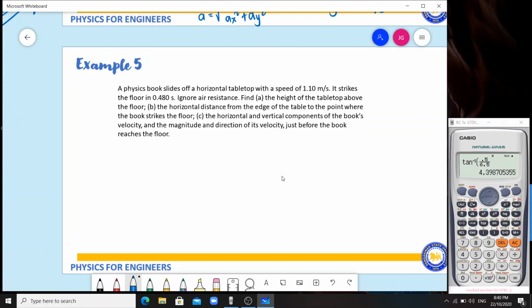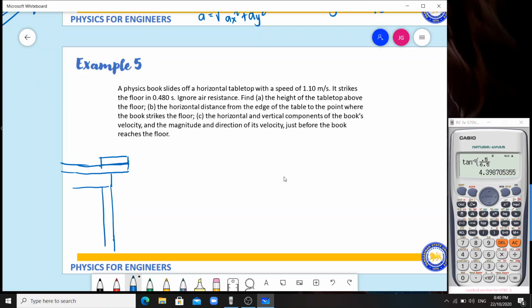A physics book slides off a horizontal tabletop with a speed of 1.10 meters per second. It strikes the floor in 0.480 seconds. Ignore air resistance. Find the height of the tabletop. So, parang meron tayong lamesa. Ayan. For example, meron tayong table. Okay, kalahati lang. Tapos, meron tayong libro.